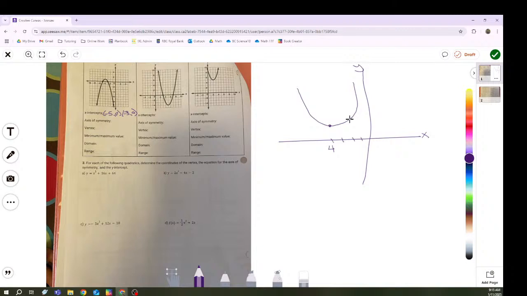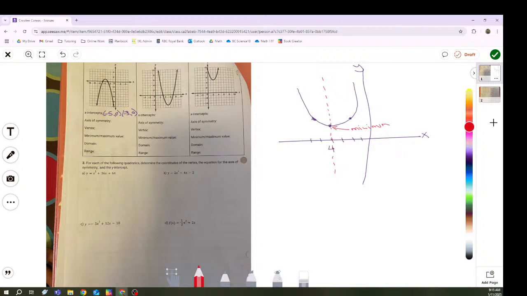So basically, an axis of symmetry is what splits the U right down the middle. Right now, what I drew here is a minimum. It's a minimum value because the parabola opens up, and so all the values are getting larger.